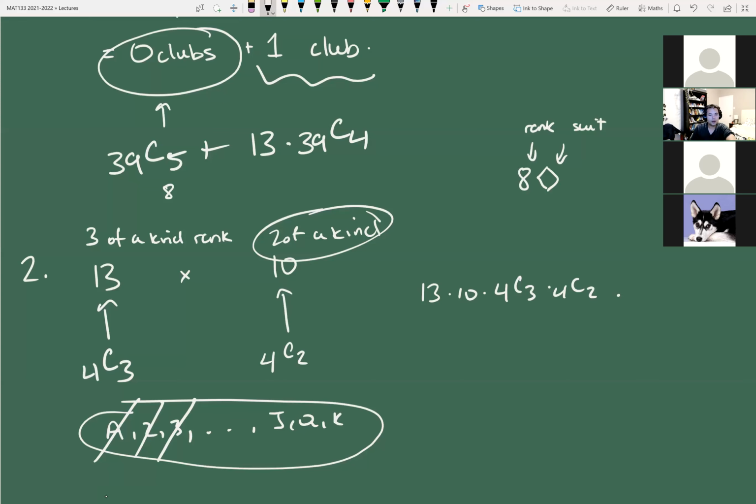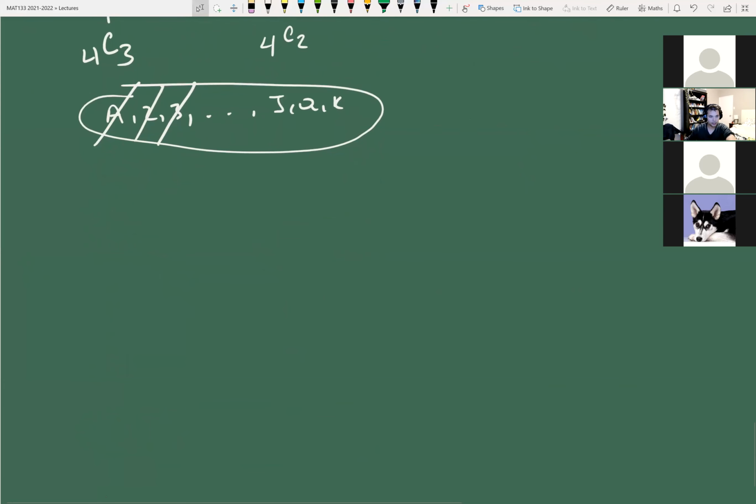So Owen, what I would do is again do the complement, right? So just very quickly, you want a 5-card hand with at least one ace and one heart, right? So you want at least one ace and at least one heart. So the complement of this is no aces or no hearts.